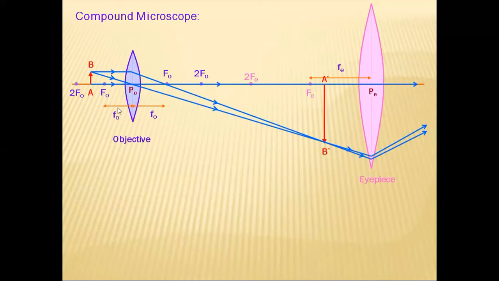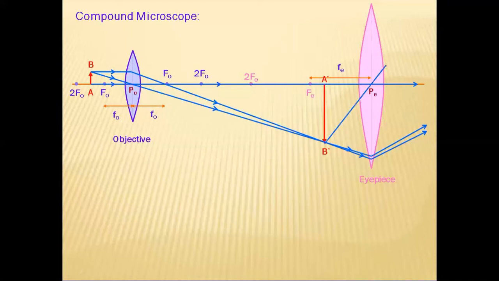So the condition for image formation in a compound microscope: for the objective lens, the object must stand outside of the main focus, and the image must be formed within the main focus of the eyepiece. If the object is in between the main focus, then a virtual image must be formed.